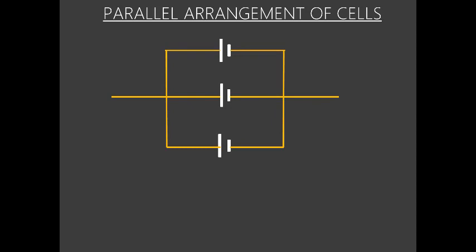So what's the parallel arrangement of cells? We have cell 1, cell 2, cell 3 arranged in parallel. Remember, we said for parallel arrangement, these cells must be arranged between these 2 points here. So we have the EMF of the first cell is E1, its internal resistance R1, and for the respective cells they are also denoted that way: E2, R2, E3, R3.